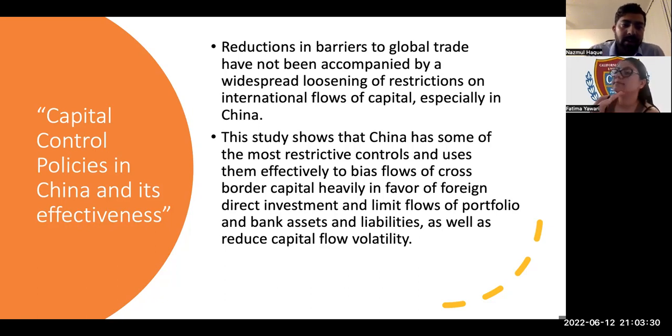This research that I'm doing will be showing that China has some of the most restrictive controls and uses them effectively to bias flow of cross-border capital heavily in favor of foreign direct investment and limit flows of portfolio and bank assets and liabilities, as well as reduce capital flow volatility.